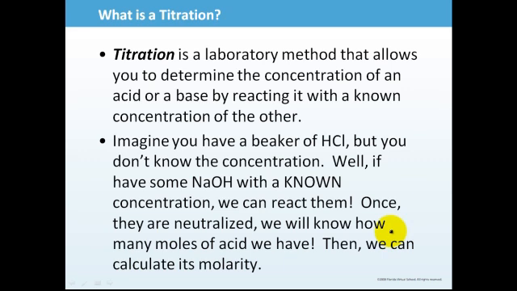Because remember what we talked about earlier, when they neutralize each other, we have equal amounts of hydronium ions and hydroxide ions. So at that moment, we know the concentration of the NaOH, therefore we can figure out the concentration of the HCl based on doing some simple calculations.